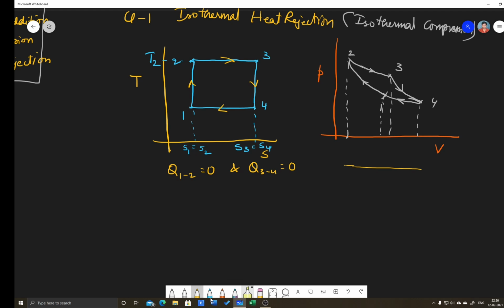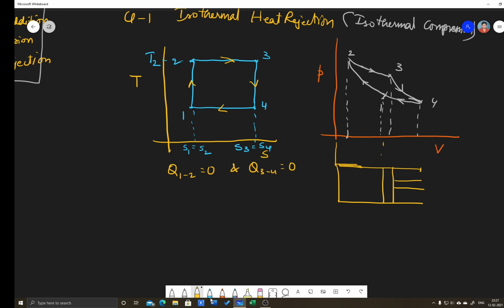So this is the total volume from 4 to 0. This is the total volume of the engine cylinder. Initially the position is at 1.